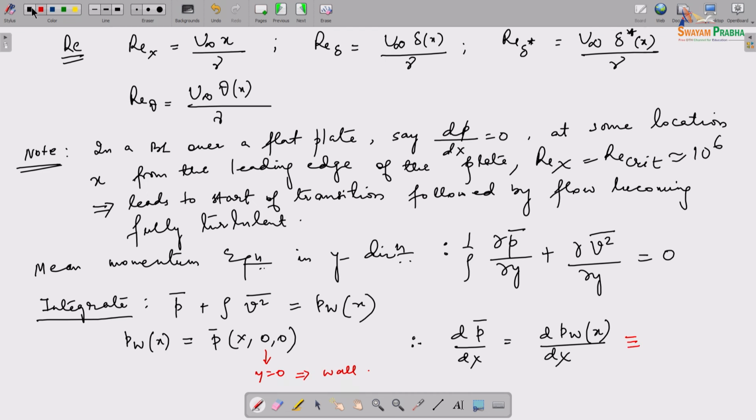Therefore, the mean axial pressure gradient is uniform across the flow.